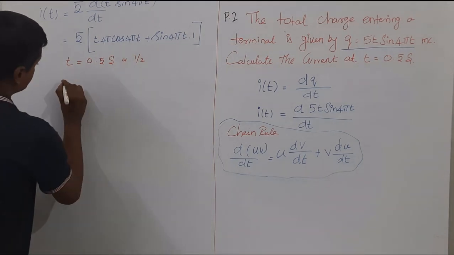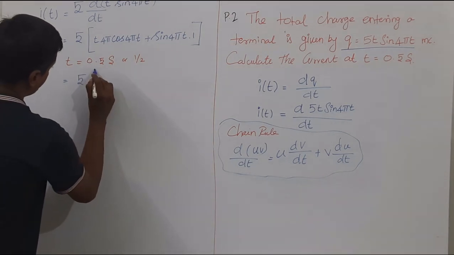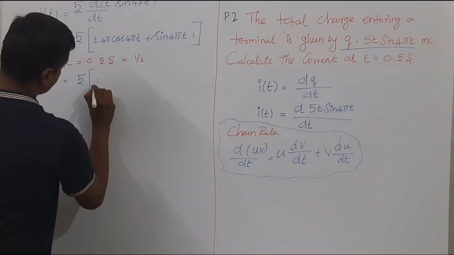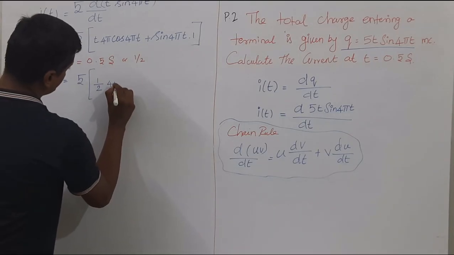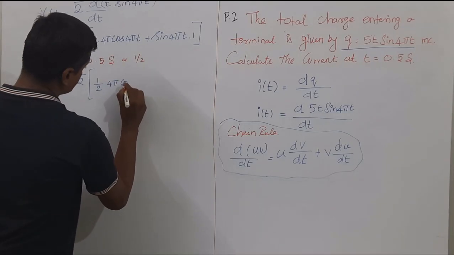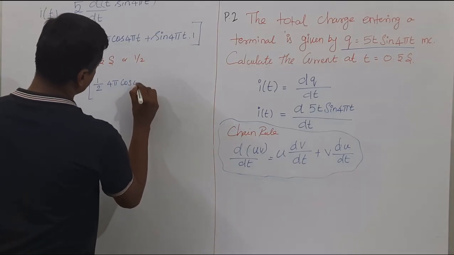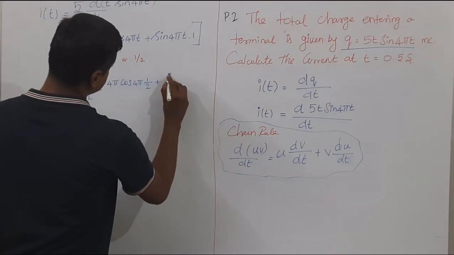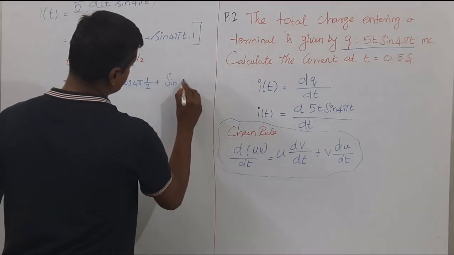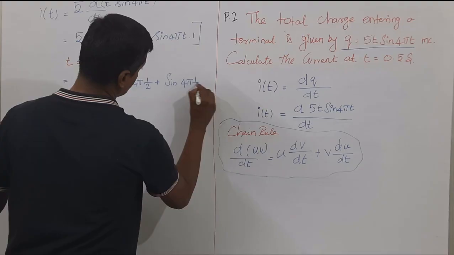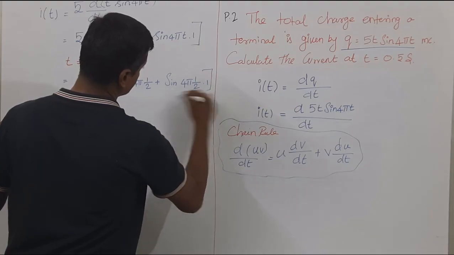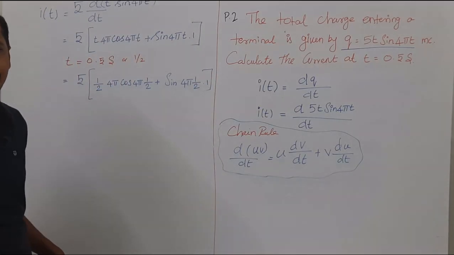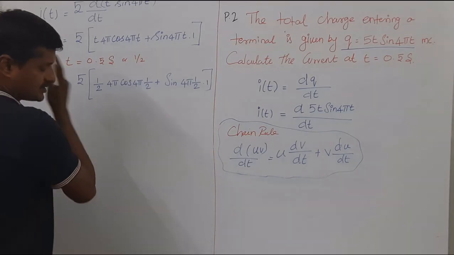So we proceed with 5 into 1 by 2 into 4 pi cos of 4 pi into 1 by 2 plus sin of 4 pi into 1 by 2 into 1.